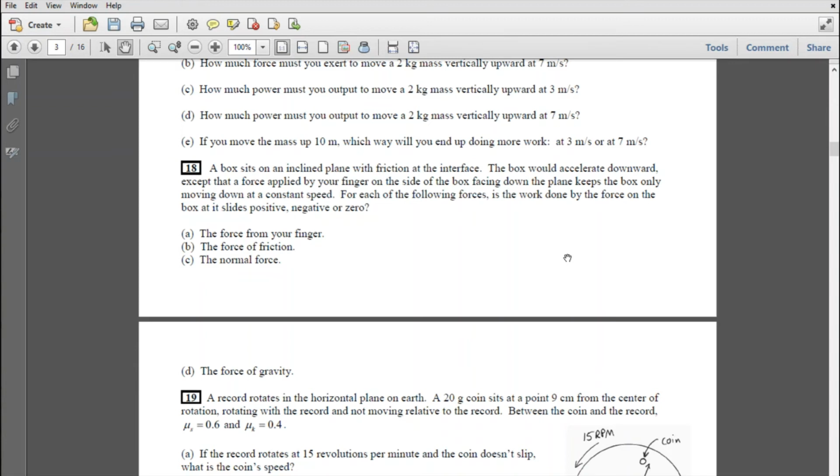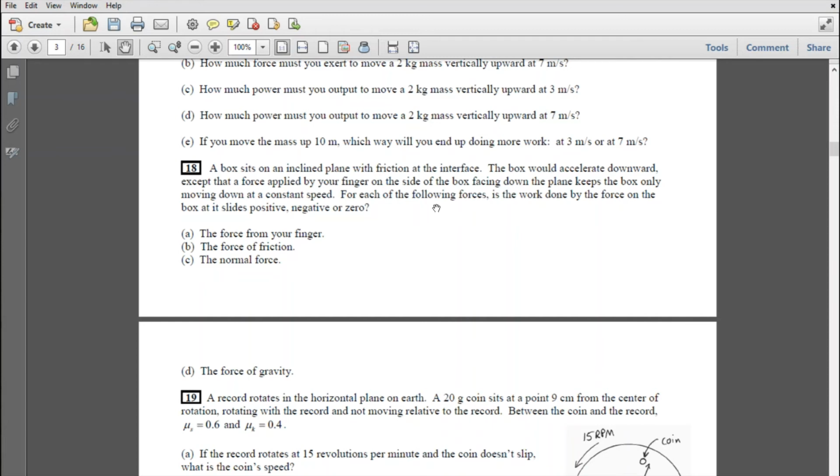What is the work done by the finger force on the box as it slides? Yes, I didn't read this carefully. It's moving down the plane. I just wanted to make sure that it was going down the plane.